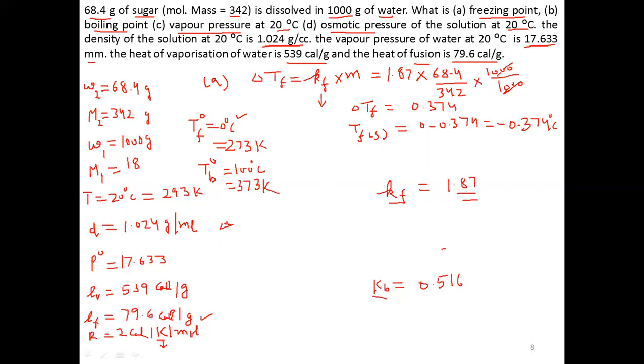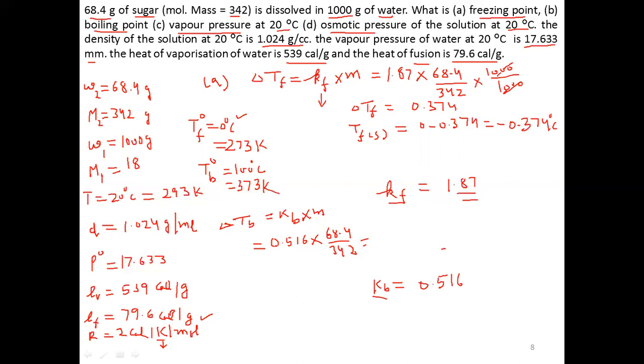Delta TB is equal to KB into m. Let us apply. Delta TB we have to calculate. KB is 0.516, we have calculated, into molality, which will remain the same, 68.4 divided by 342. As weight is already 1 kilogram, it will get cancelled.